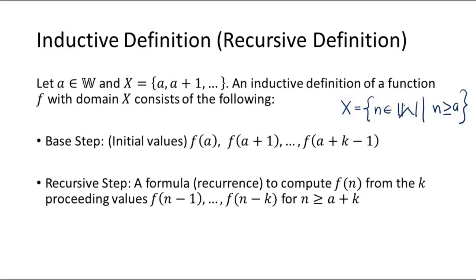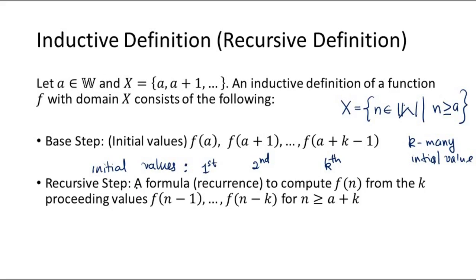To define a function with X being the domain using a recursive or inductive rule, we first declare some base values f(a), f(a+1), up to f(a+k-1). So these are k many initial values for some integer k. This is the first initial value, this is the second initial value, and for the kth initial value, we must have a+k-1.